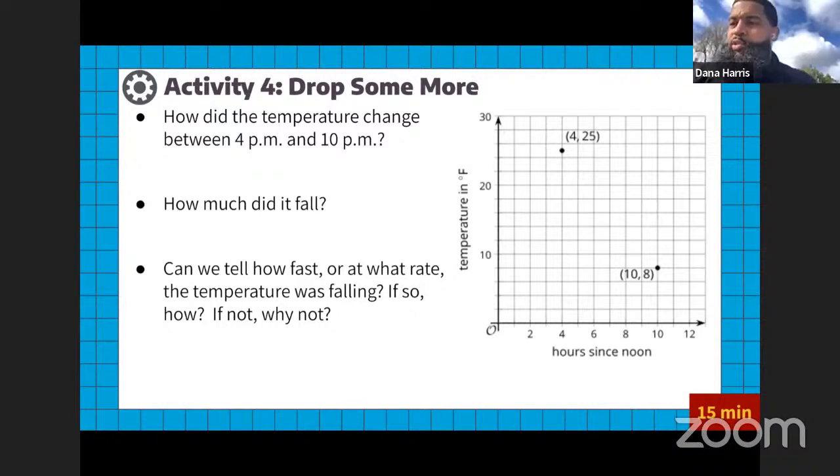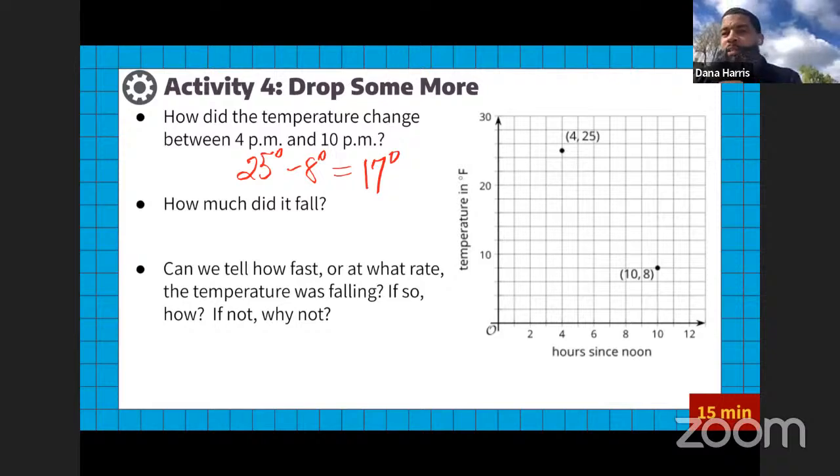If it went from 25 degrees to 8 degrees, then we can simply say 25 degrees minus 8 degrees equals roughly 17 degrees. Now, I'm noticing as I do this live, that is why the previous slide showed 17, but the numbers are slightly different in this table. So we'll work with it, okay?